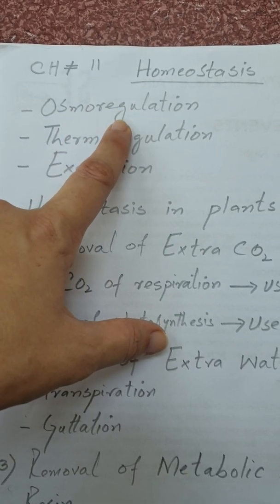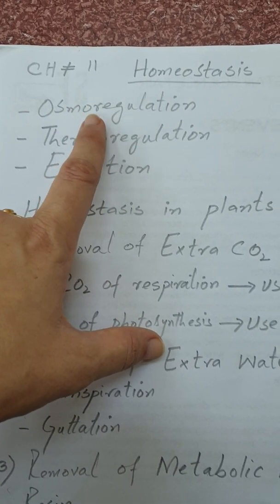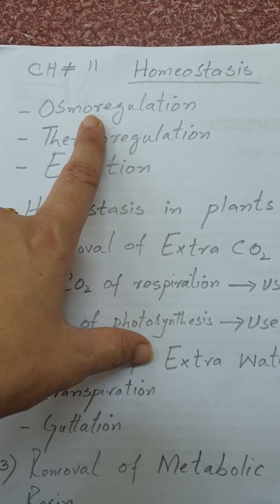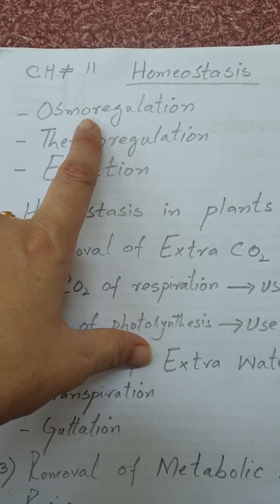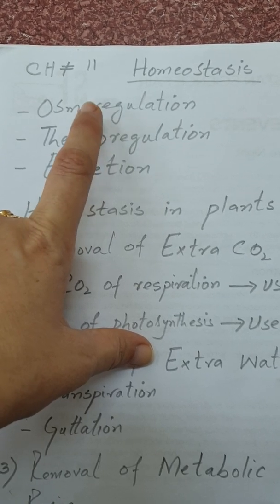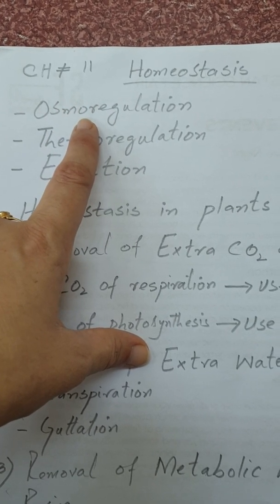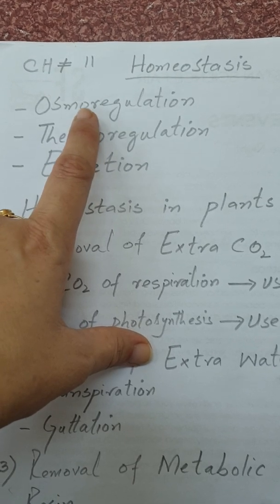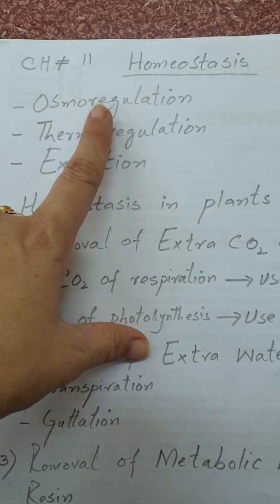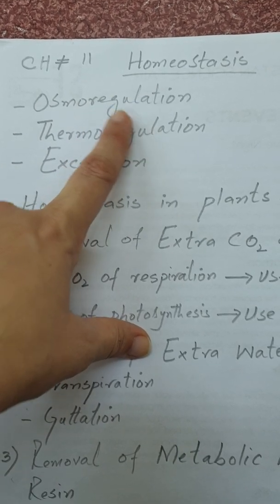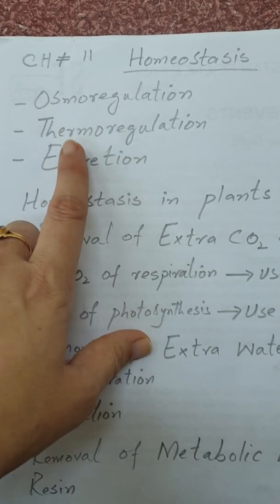Osmoregulation is the regulation of water and different solutes inside the internal environment, so that not too much or too little water and not too much or too little solute is available to the internal environment. They keep the balance of water and solutes, and that regulation is known as osmoregulation.